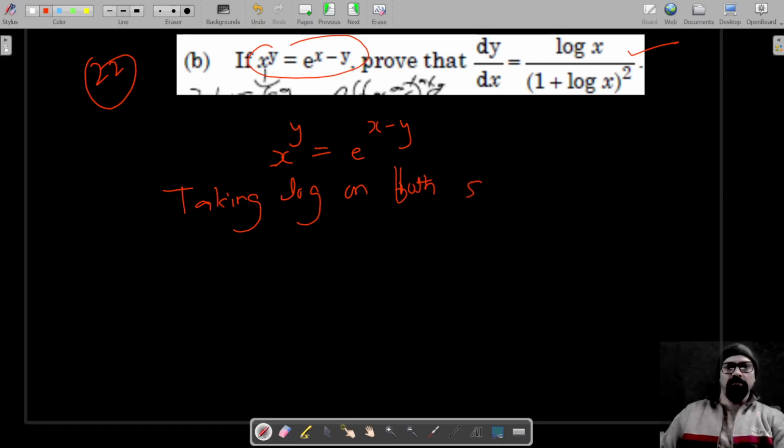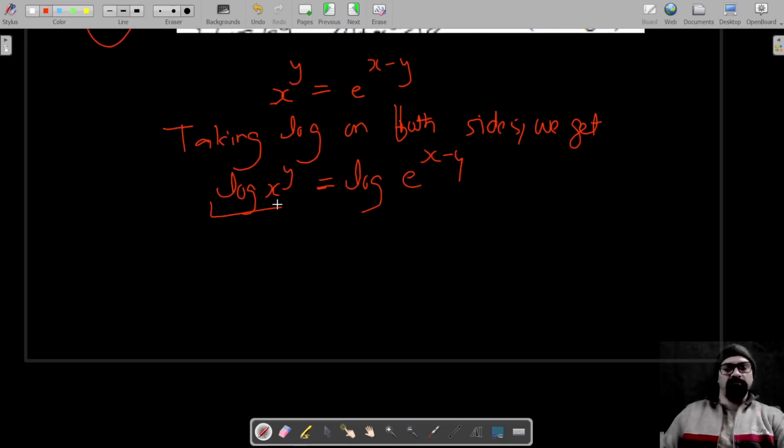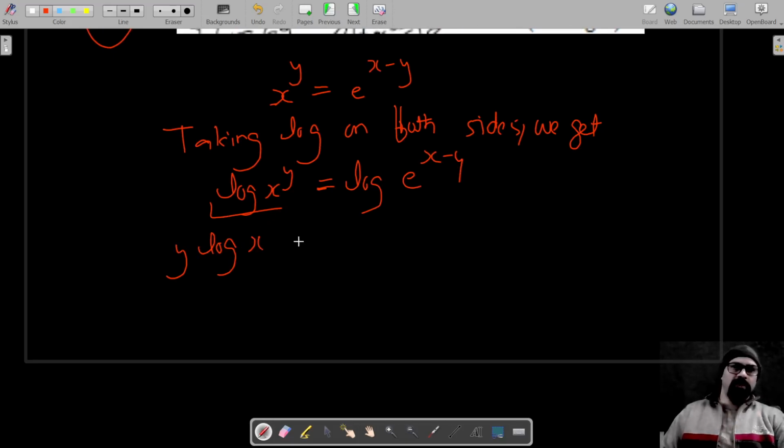So taking log on both sides we get log of x raised power y is equal to the log of e raised power x minus y. Now this is of the form log m raised power n, which is n into log m, and this becomes x minus y.